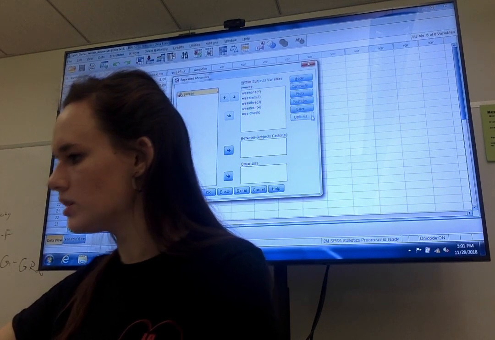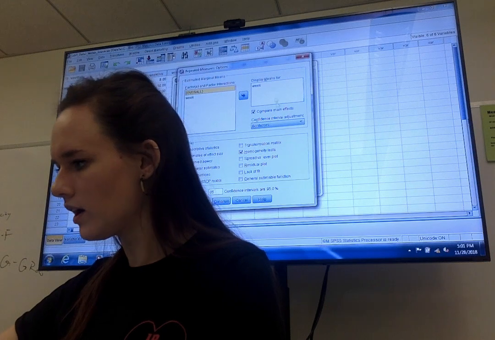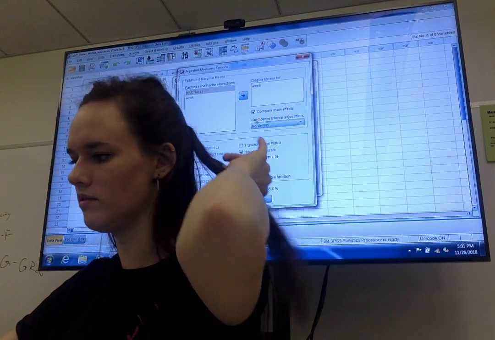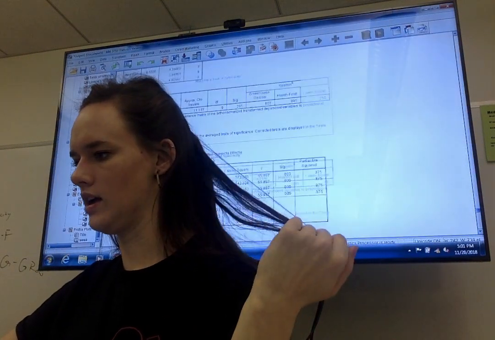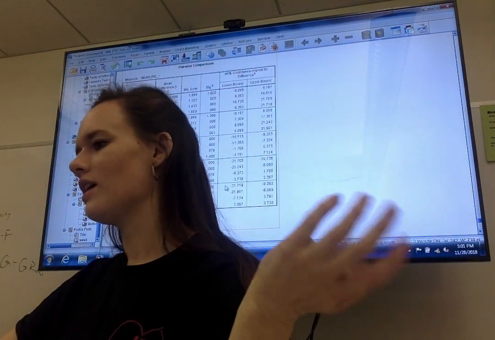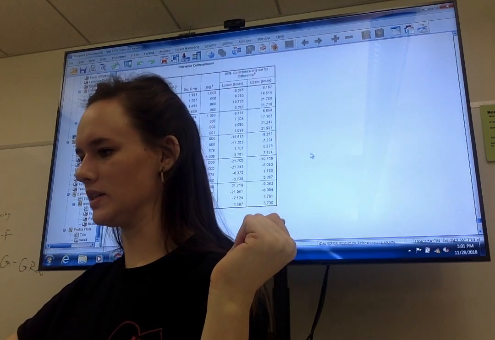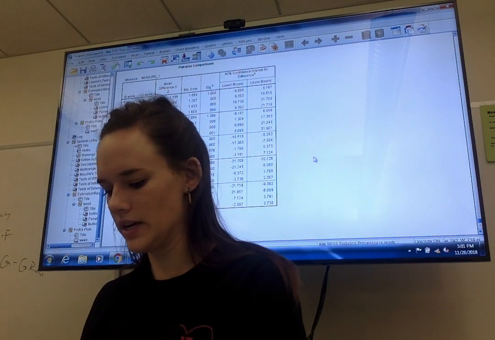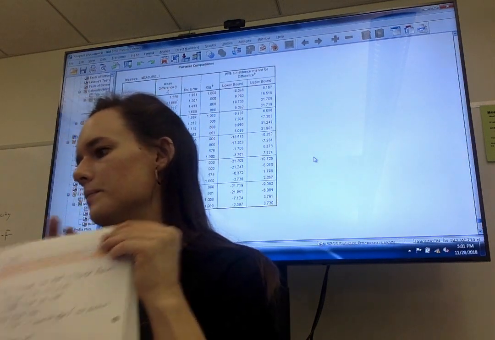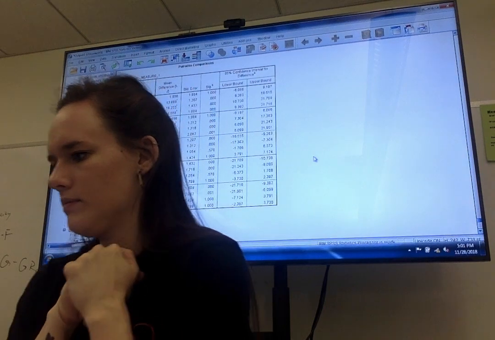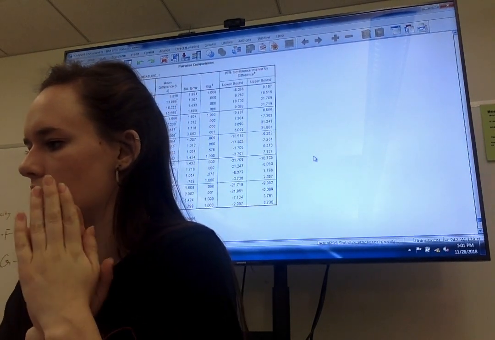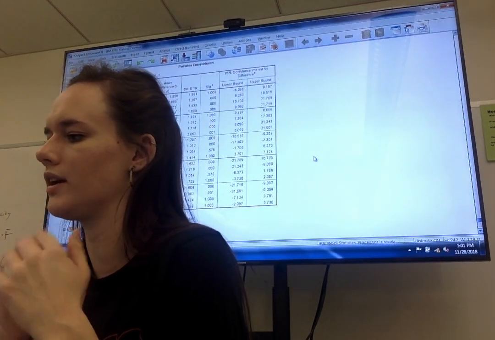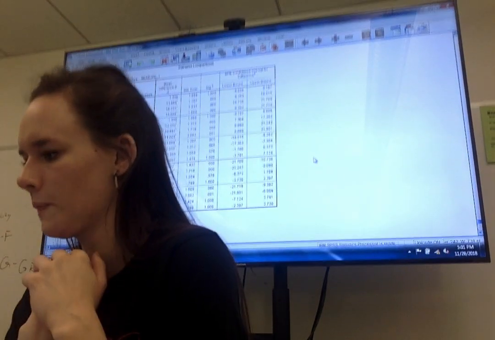Then go to options, click over week, pick compare main effects, and then the pairwise comparisons. Looking at this, we can see that the first week of treatment had significant differences with weeks 3, 4, and 5, whereas it wasn't significant for week 2.